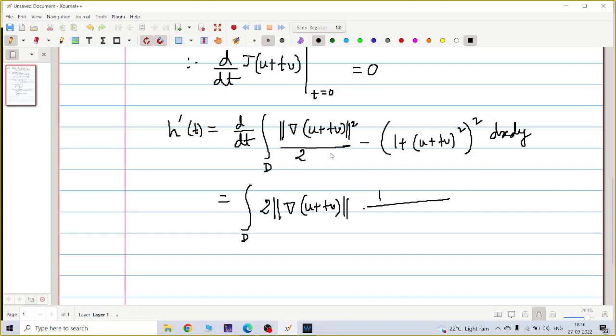This is grad square. Now I will differentiate this grad. Since it is a square root function, square root means 1 by 2 root, partial derivative.